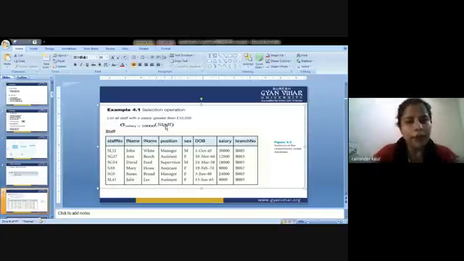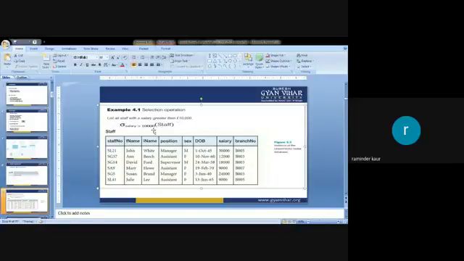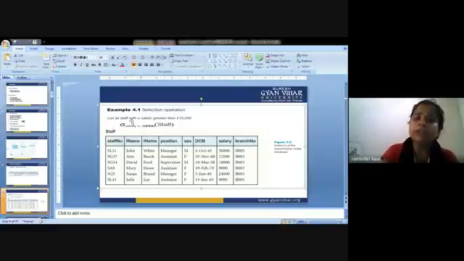I hope you understand this query. If you could not understand, tell me, I will repeat it. Again, I am showing you how to operate the selection operation. This is the query given for your reference, and this is the answer to the query: operator sigma, salary greater than 10,000, on the staff table that is given to me.